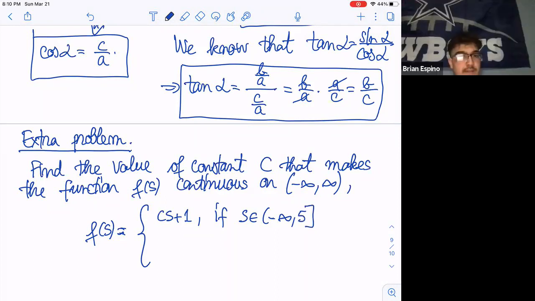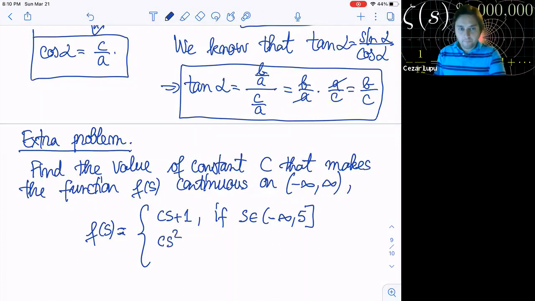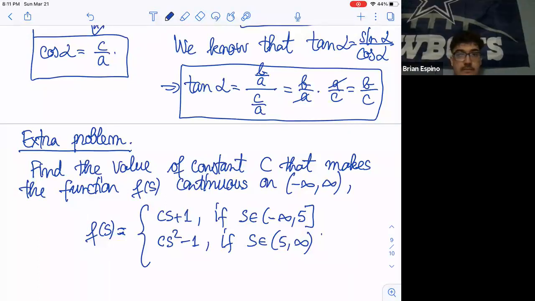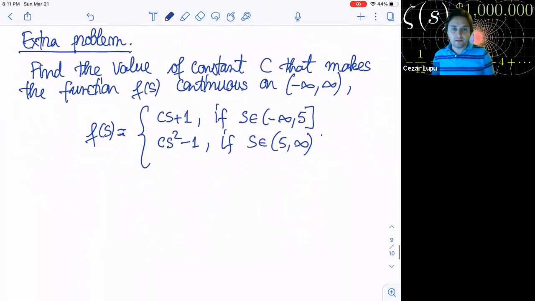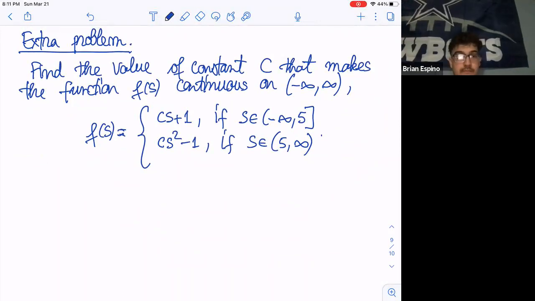And then the second function is cs squared minus 1 if s is in 5 to infinity. So this function has two pieces, correct? All right, let's see.